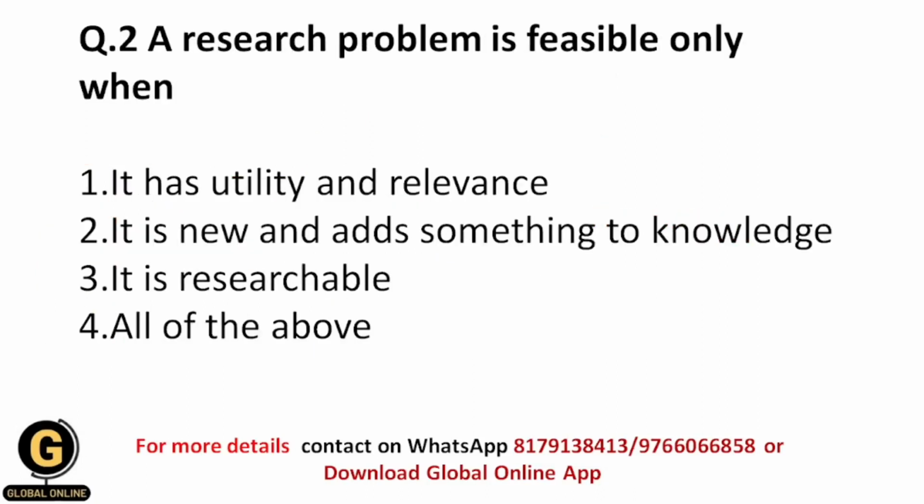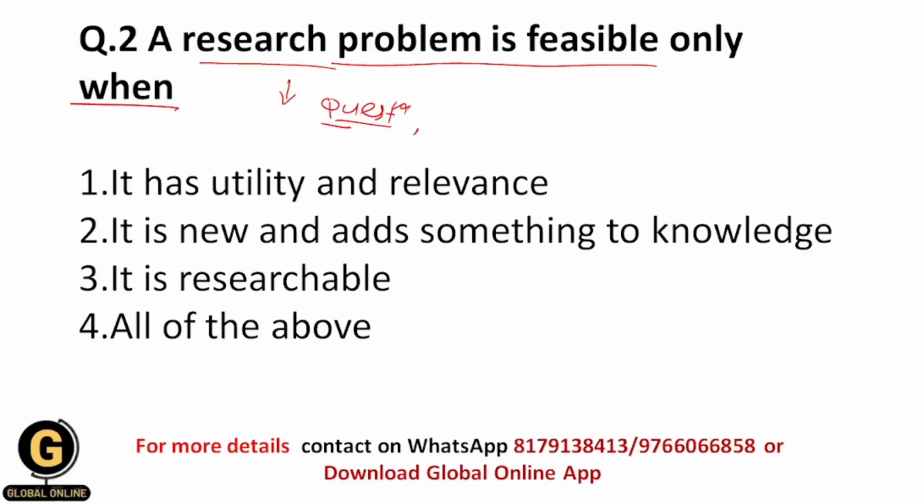Now in this question: a research problem is feasible only when. What is a research problem? A research problem is a statement of a question for which we have to find a solution through research. It is an unsolved situation, concept or theory. So when is this research problem feasible?